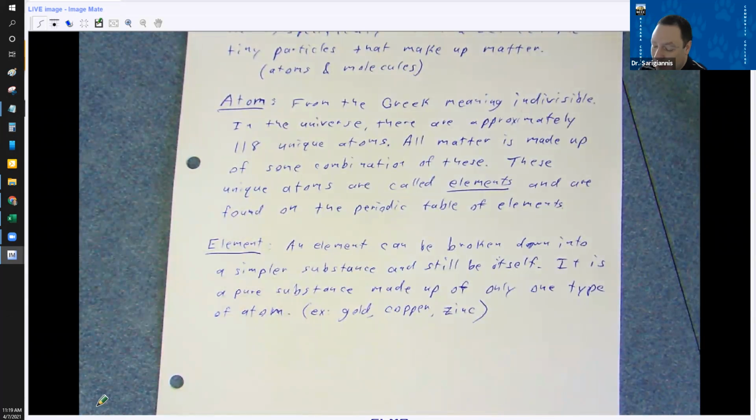The element is gold. By definition, an element is just a pure substance. So gold is an element. There's nothing simpler than gold. You can have a lump of gold, and if it's pure gold, you can cut it down into smaller and smaller pieces. It's still going to be gold. It's a pure element of gold.